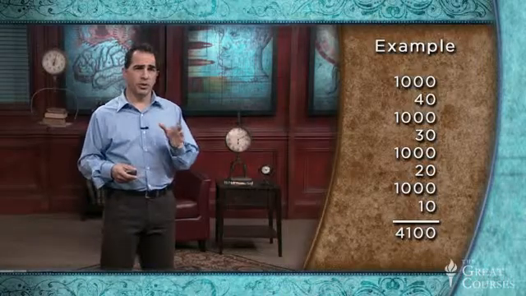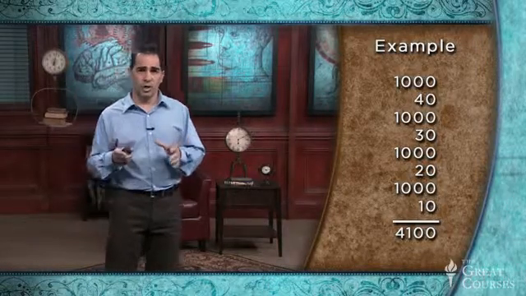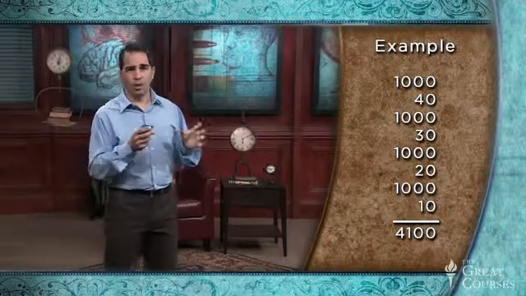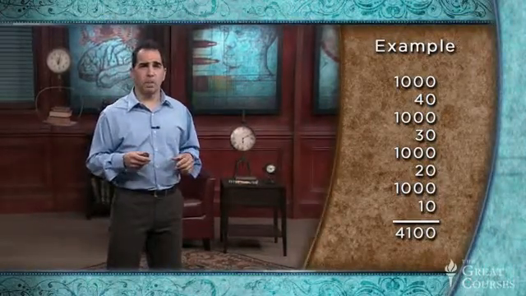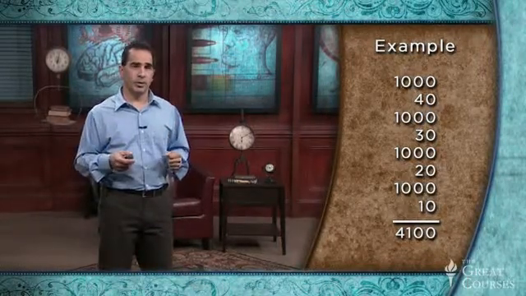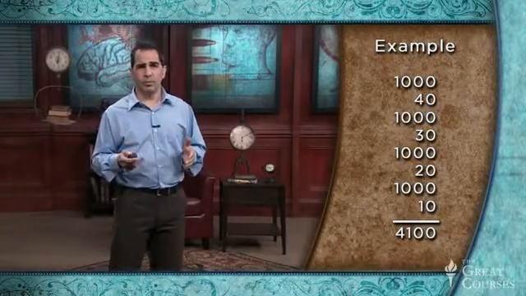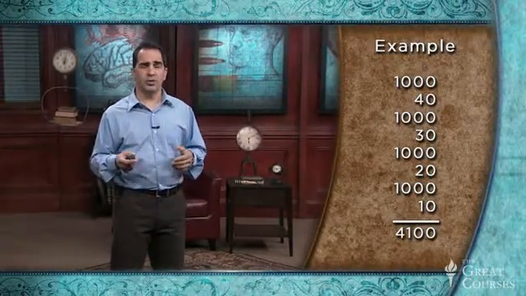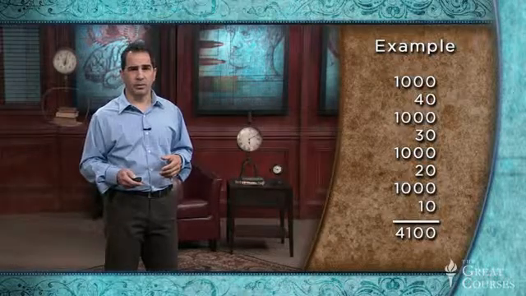I presented a series of numbers in an order that creates a pattern. The order is 1,000 is presented first, then 40, then another 1,000, then 30, then 1,000, then 20, then 1,000, and then 10.